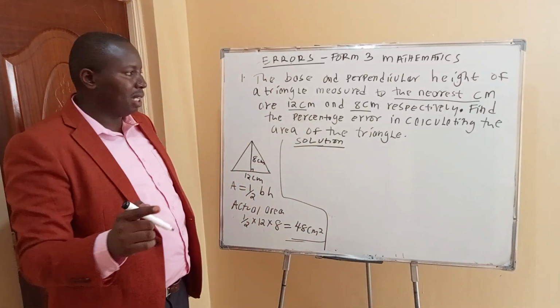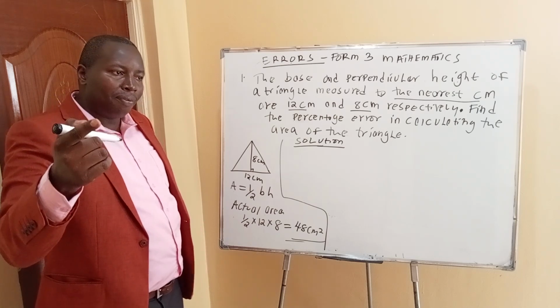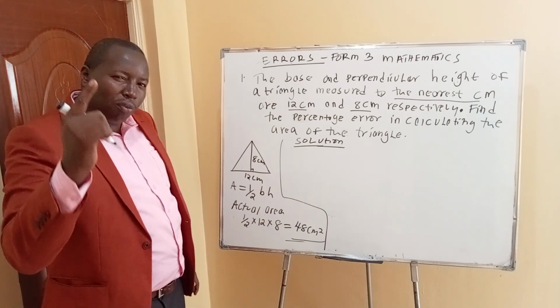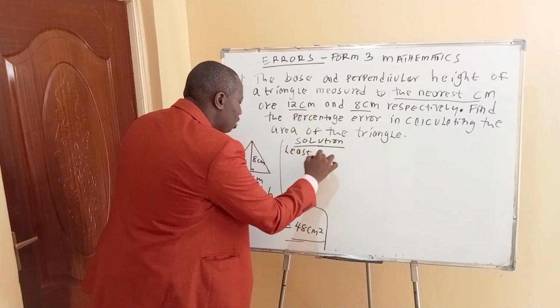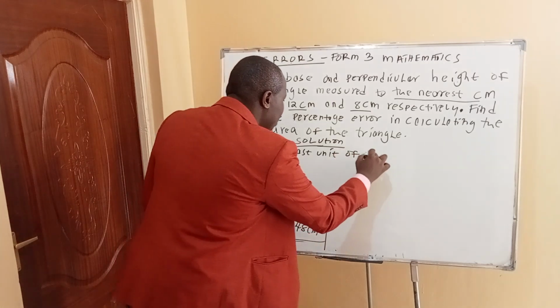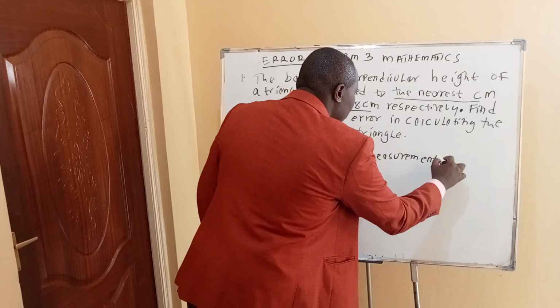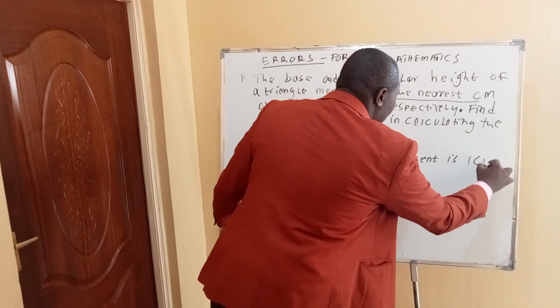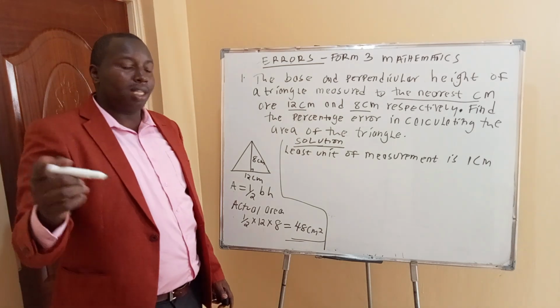To the nearest centimeter means the least unit of measurement. The least unit of measurement is 1 centimeter, because it is to the nearest centimeter.